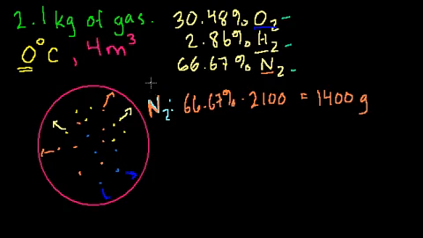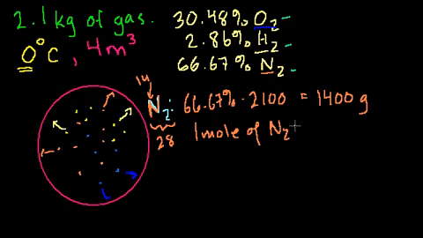Well, we know that the atomic mass of nitrogen is 14. So this molecule has 2 nitrogens, so its atomic mass is 28. So one of these molecules will have a mass of 28 atomic mass units, or 1 mole of N2 would have a mass of 28 grams.